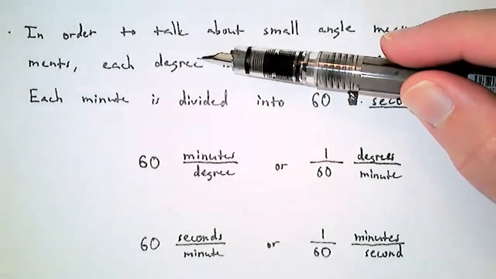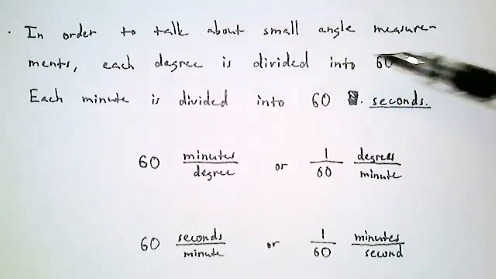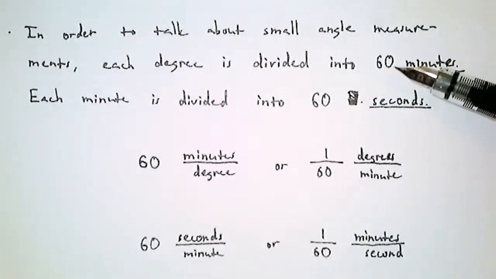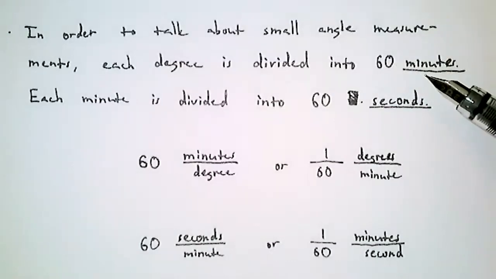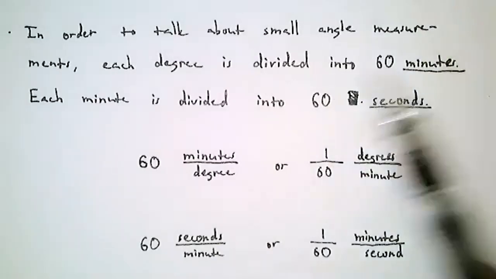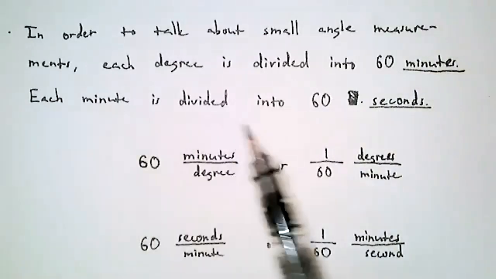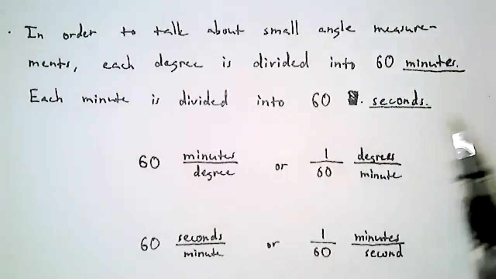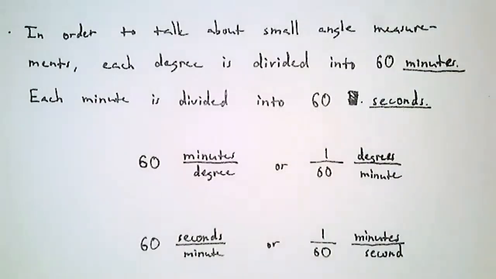A degree, a single degree, is divided into 60 equal pieces, and we call each of those pieces a minute. And if we want to talk about even smaller divisions, we can take our minutes and divide them into 60 more pieces to get seconds.